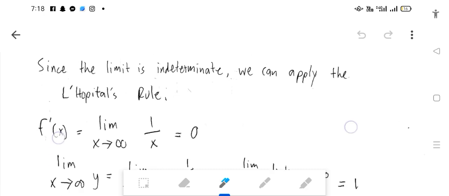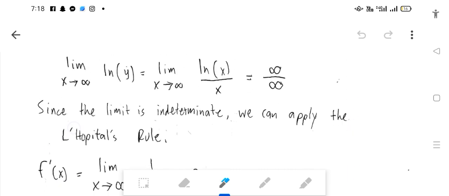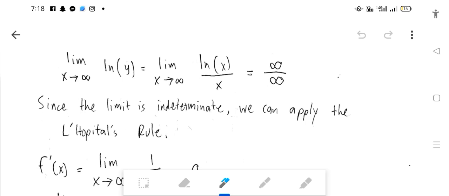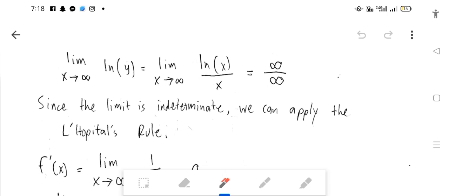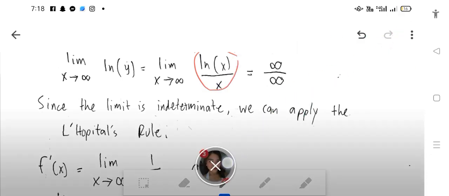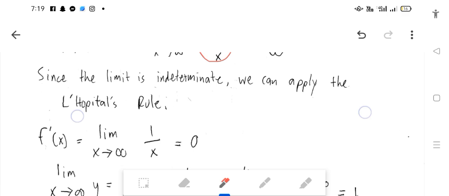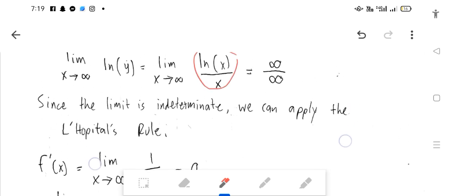The first derivative of the function is equal to the limit of 1 over x as x approaches infinity, which equals 0. Because the derivative of ln x over x is 1 over x: the numerator, the derivative of ln x, is 1 over x, and the derivative of x is 1.